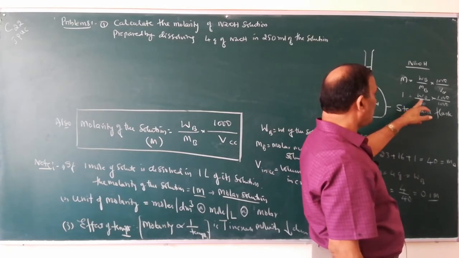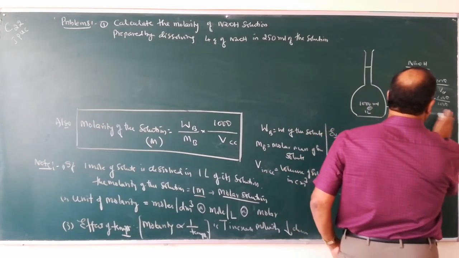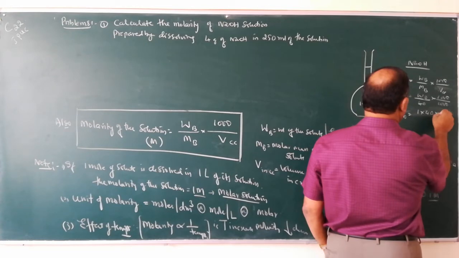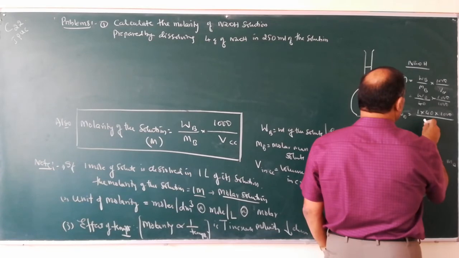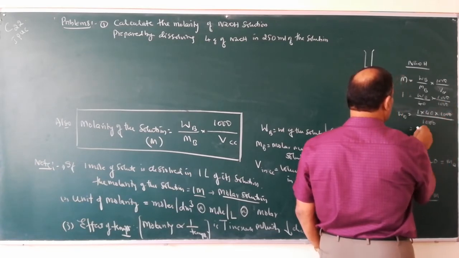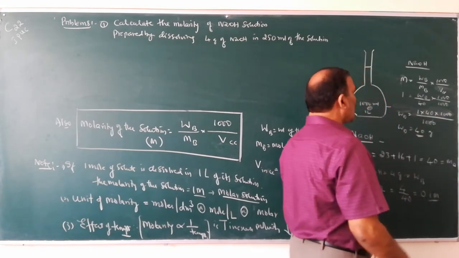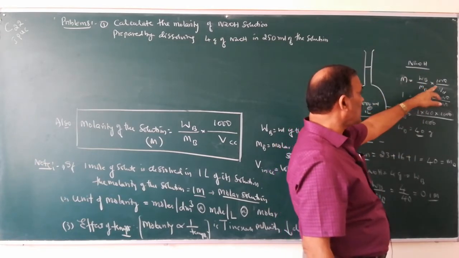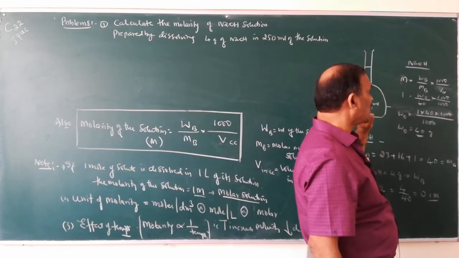If you simplify, WB is equal to 1 into 40 into 1000 divided by 1000. So 1000 cancels, and WB is equal to 40 grams. So if 40 gram of sodium hydroxide is dissolved in 1000 cc of solution, you will get 1 molar solution.